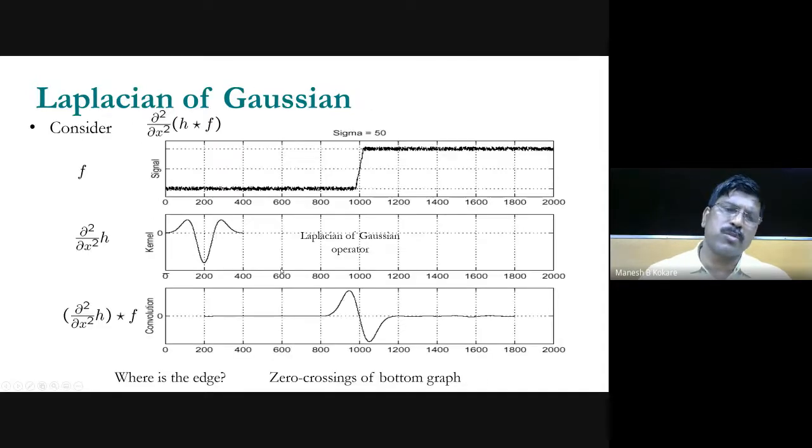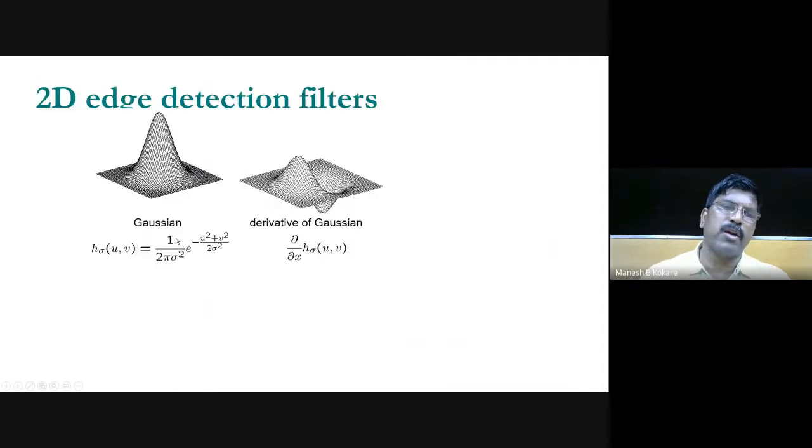So this was the function in the one-dimensional case, and this is the Gaussian function in the two-dimensional case. The mathematical formulation of this Gaussian function is given by 1/(2 pi sigma square) e raised to minus (u square plus v square) by 2 sigma square. This sigma gives the standard deviation of the Gaussian function.